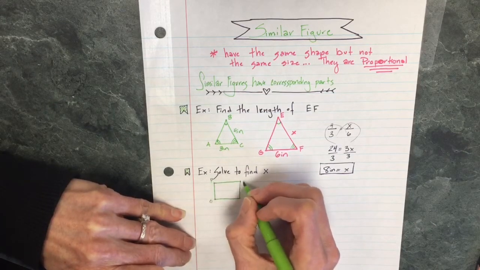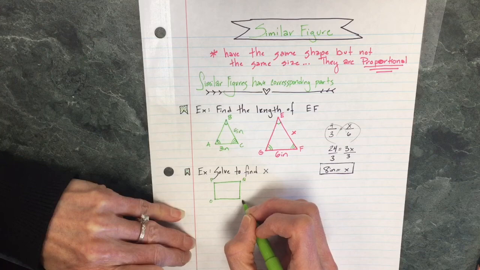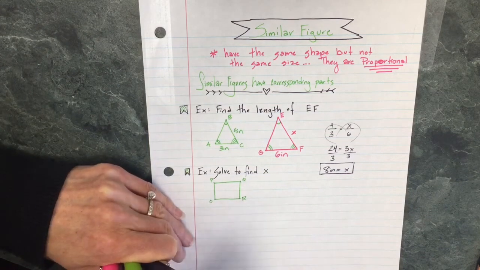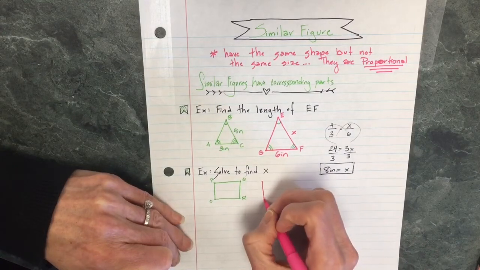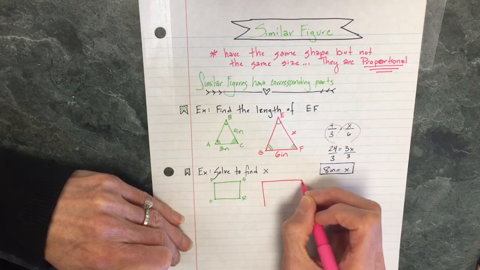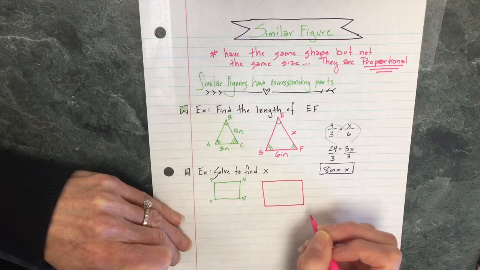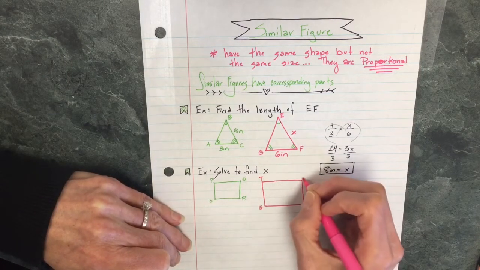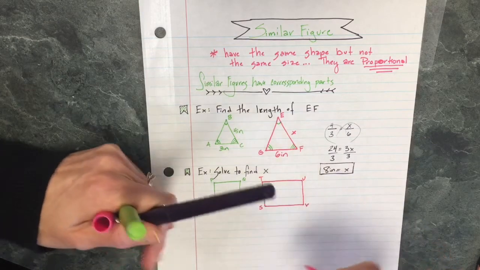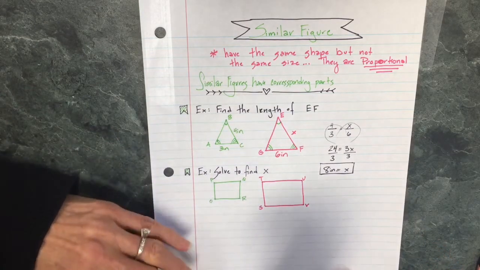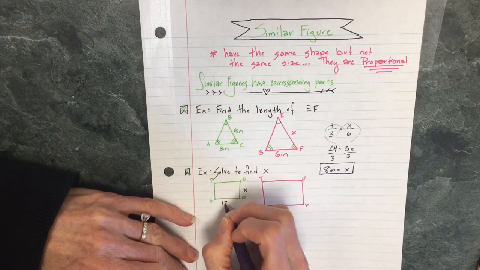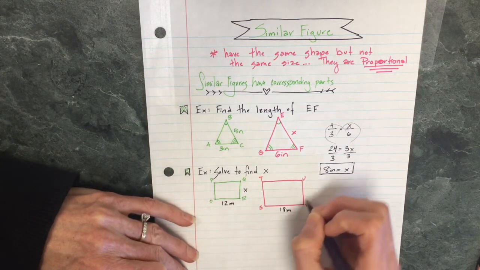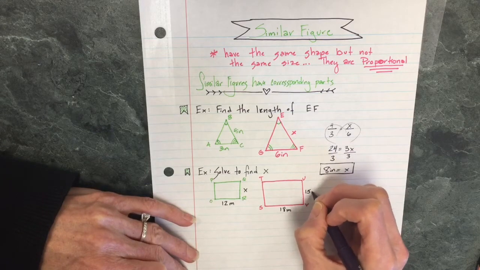O, P, Q, R. And then we have a similar figure. Same shape, just larger. S, T, U, V. And we don't know what this side is, but they give us that this is 12 meters. This is 18 meters. This is 15 meters.